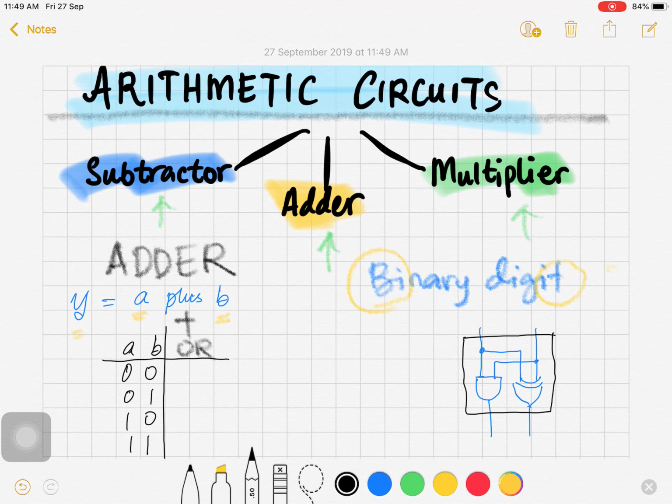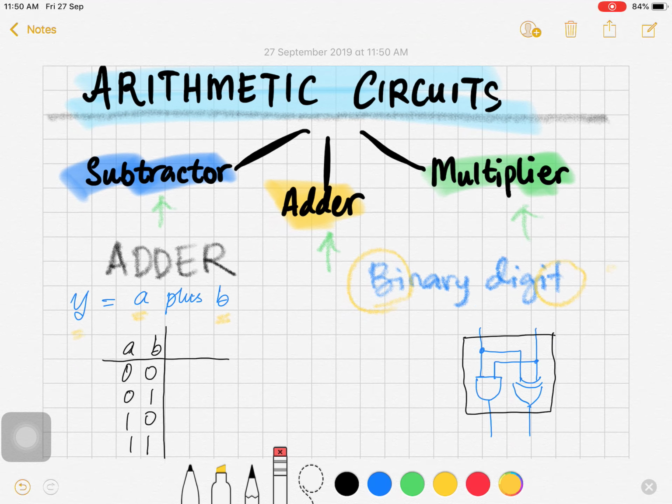Most of the time I prefer to write the word plus to represent the addition, but sometimes I also use this symbol to represent addition. So to understand a certain symbol, we need to know the context of the process.